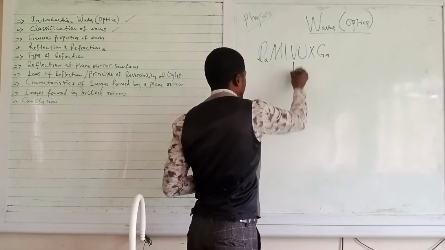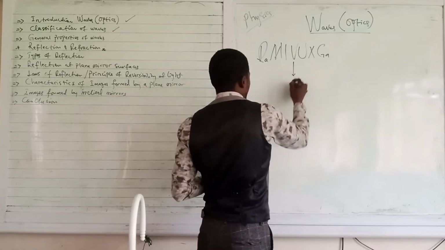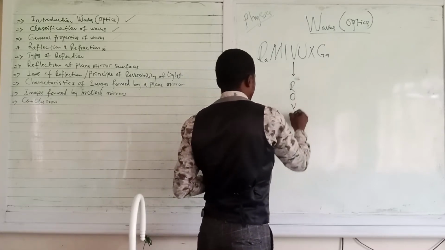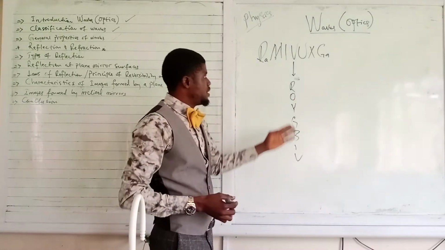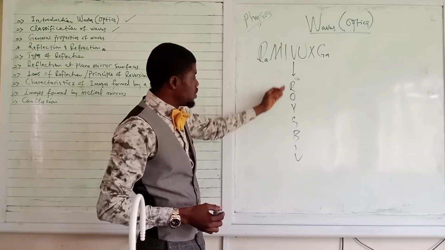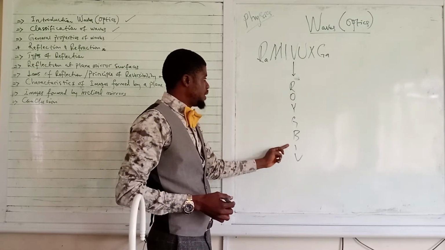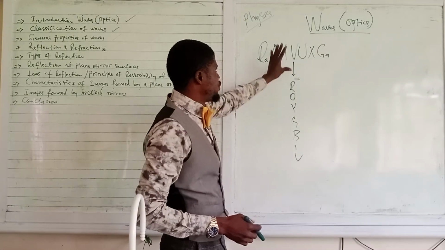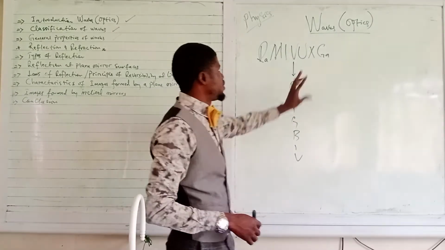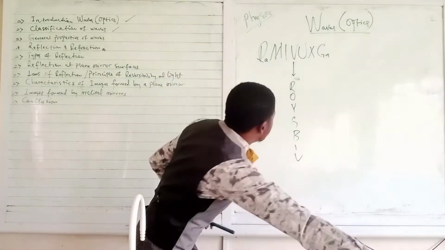What we are treating, light waves, falls under visible light. Under visible light, you have what I call ROIG. By ROIG, we mean red, orange, yellow, green, blue, indigo, and violet. These are the colors of light you have under visible light. However, we are treating just light waves, visible light, in today's lesson.